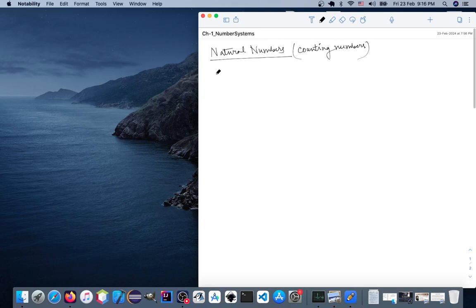The collection of natural numbers is denoted by the letter N. So the natural numbers are 1, 2, 3, 4, 5, and so on. There will be 100 and so on, 500 and so on. It will go on. There is an unlimited or infinite number of natural numbers. So these are the counting numbers or the natural numbers.